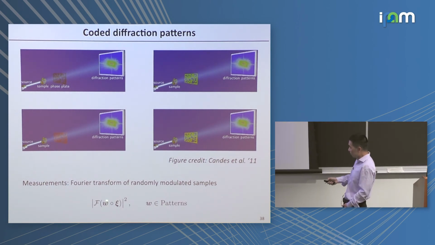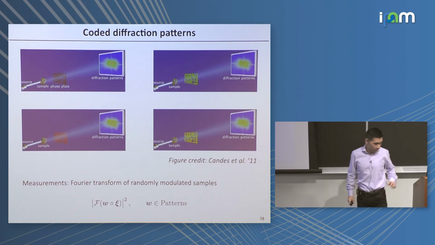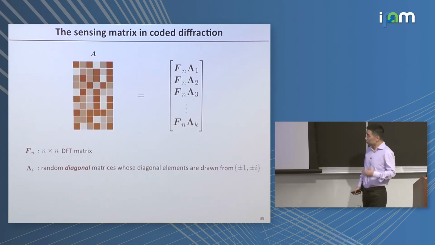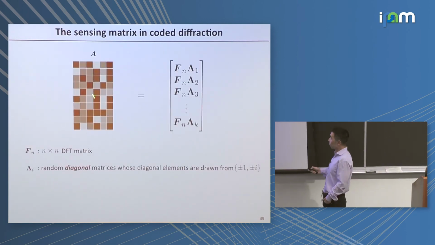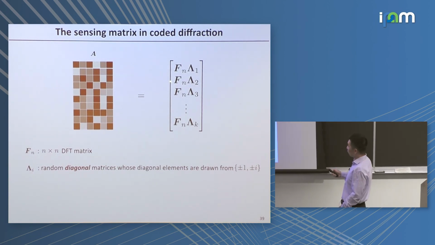So mathematically, every mask is equivalent to multiplying x element-wise by a pseudo-random pattern, followed by a Fourier transform, because that's the actual optical imaging, and then you lose the phase. Now, if we discretize the model, then the sensing matrix A in this case has a particular structured definition.